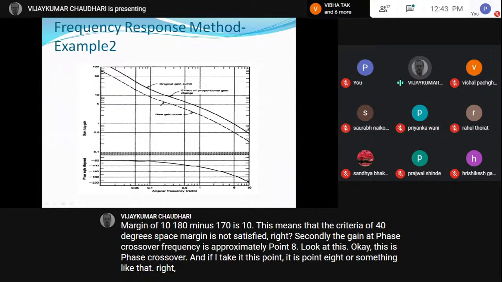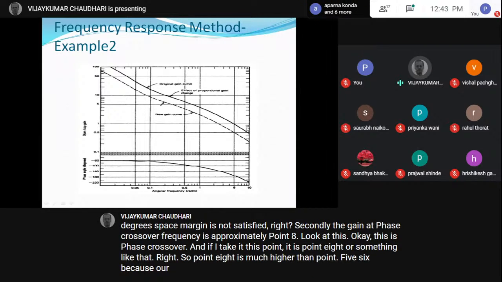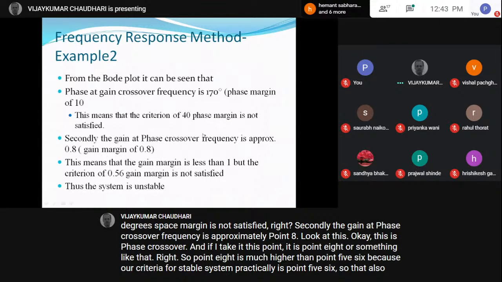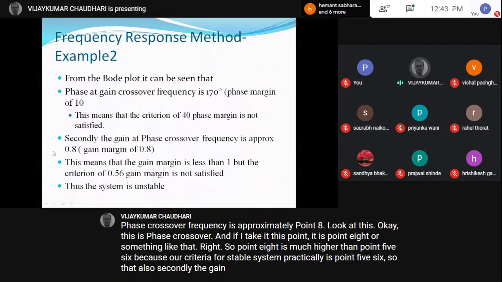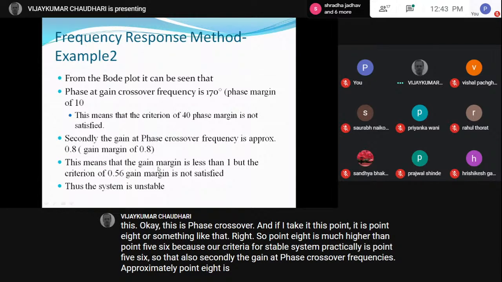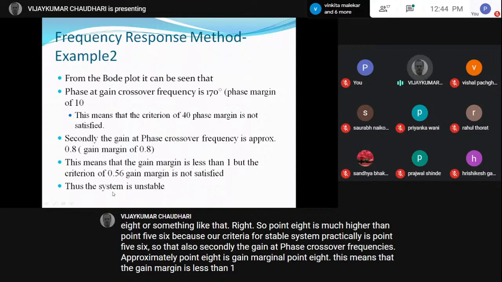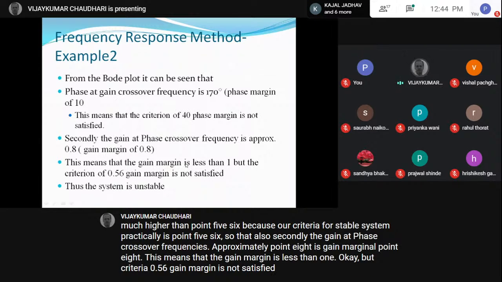So 0.8 is much higher than 0.56, because our criterion for a stable system practically is 0.56. There is a gain margin of 0.8. This means that the gain margin is less than 1. But the criterion of 0.56 gain margin is not satisfied, and thus the system is unstable.